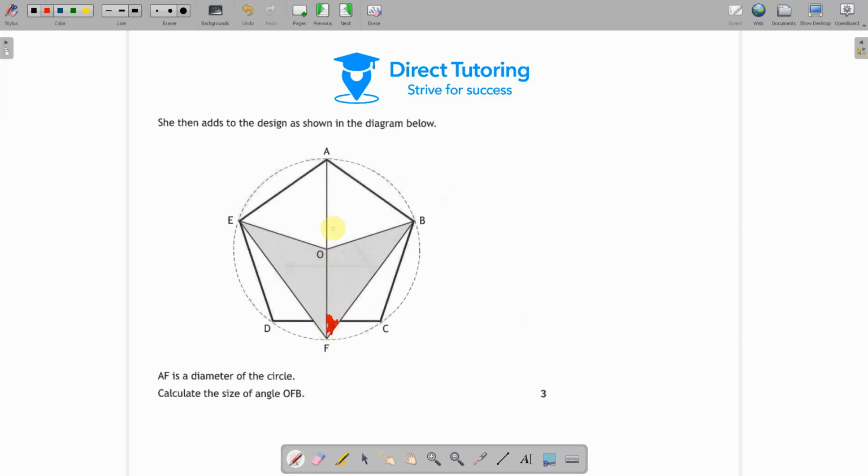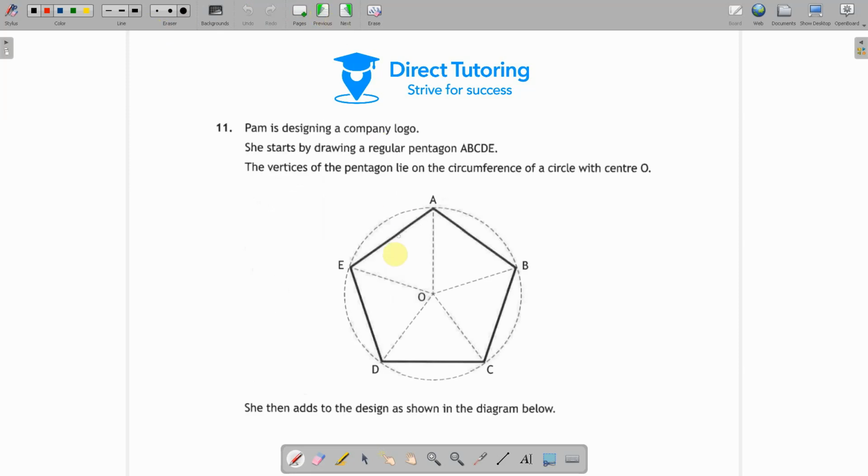Now, it doesn't really give us any numbers, so we need to look at this diagram first. Now what we do know is if these are pentagons, then all of them will be equal around this circle, because in here, this is technically a circle, so all of these angles will be exactly the same.